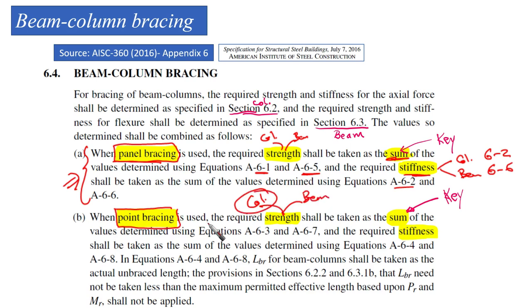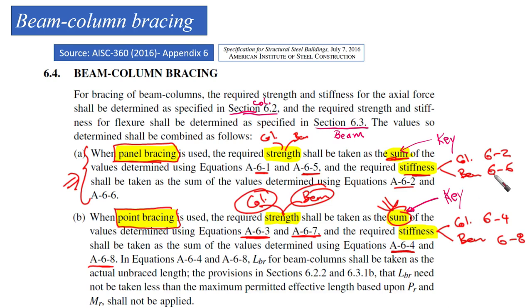The column is going to be related to 6-3, and the beam is going to be related to 6-7, as I'm going to explain in a minute. And for the stiffness, same, column and beam. We're going to have 6-4 and 6-8, and we're going to sum them up. That's it. This is the philosophy for beam column bracing in AISC 360, according to Appendix 6. That's the philosophy.